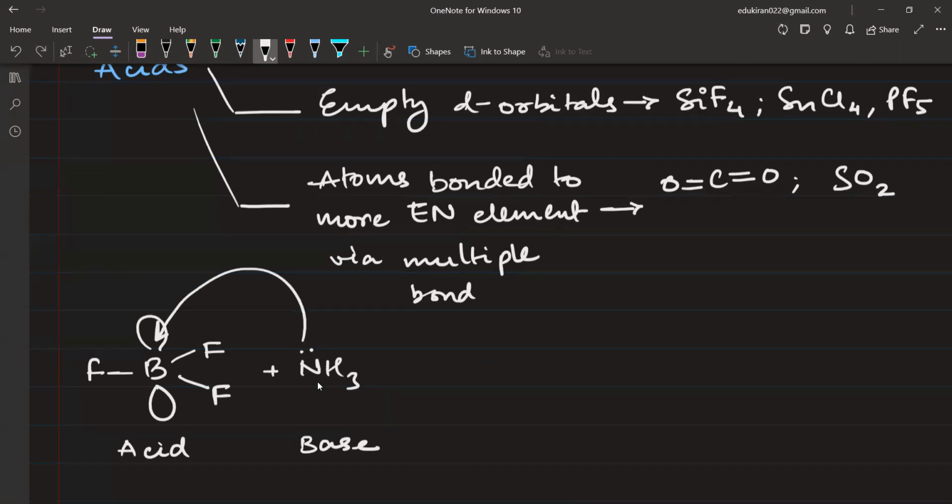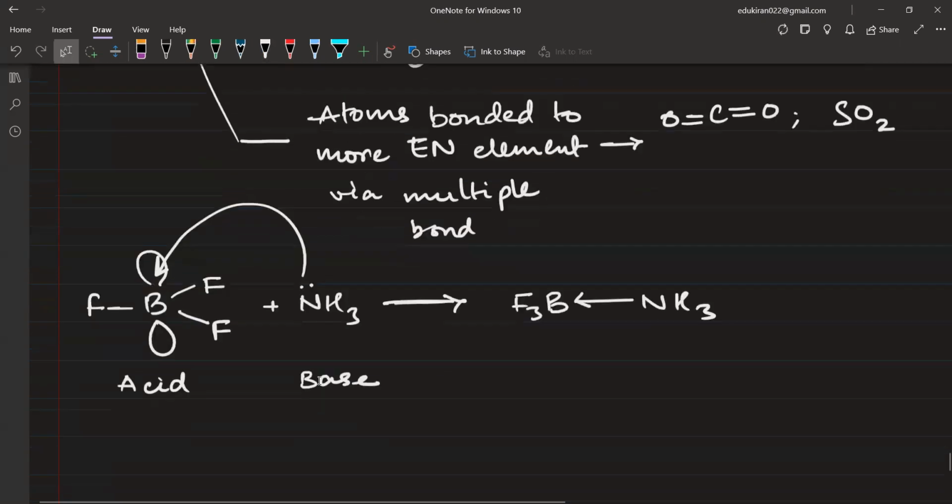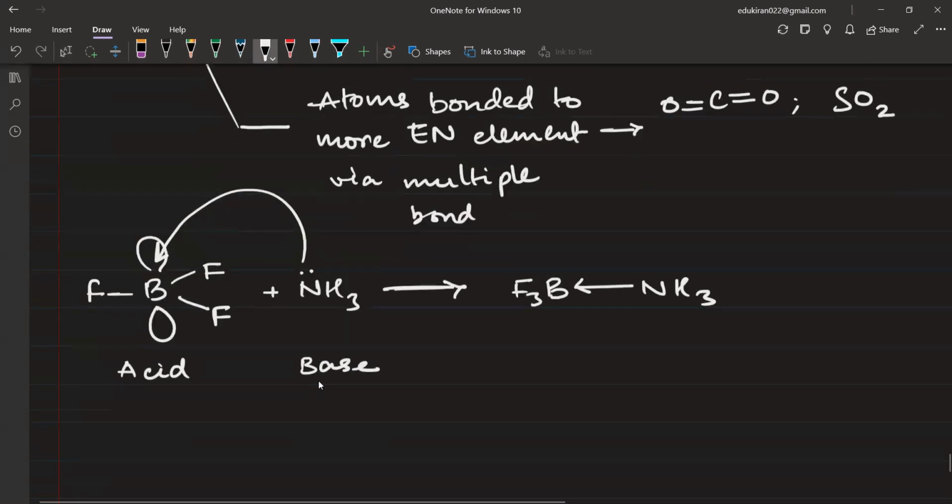And you will form a coordinate bond in which BF3 has been given electrons from NH3. This is also a question in chemical bonding, where the hybridization of BF3 is sp2, this is sp3, but BF3 in this case now has 4 bonds and it becomes sp3. Nitrogen is still sp3.